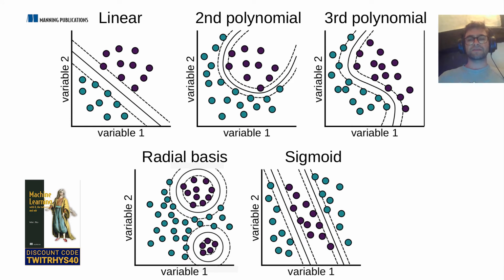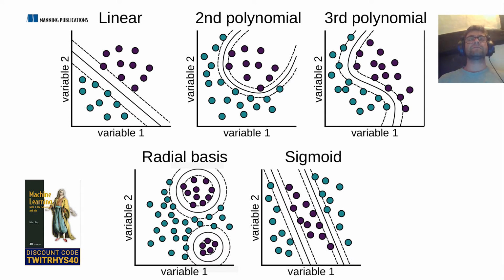Here are some examples of some of the most common kernel functions. Our choice of kernel function can't be directly estimated from the data, so the kernel function that we use to train the model is a discrete hyperparameter.